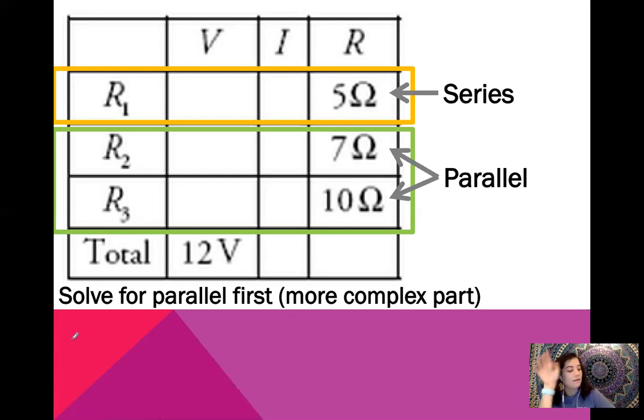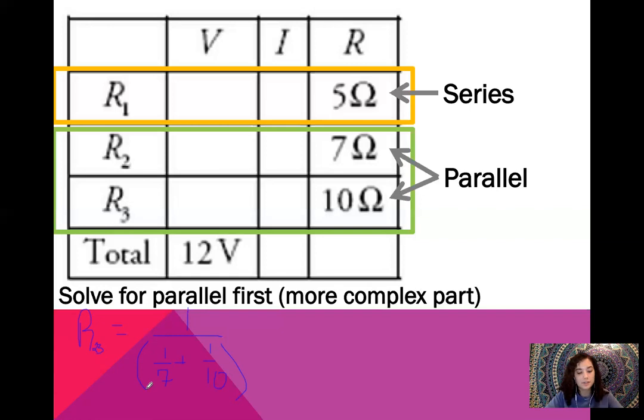According to my handy dandy formula chart that hopefully you have made your own version of, or printed mine, or have sitting next to you, the resistance in a parallel circuit, I'm going to call it R 2, 3, for the resistance of 2 and 3 together, will equal 1 divided by (1 over 7 plus 1 over 10). I am going to put both of these in parentheses like that and type it into my calculator.